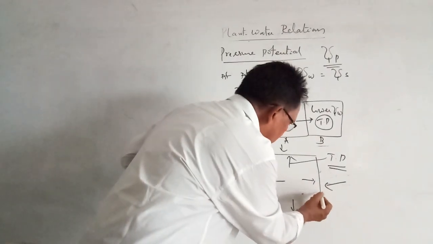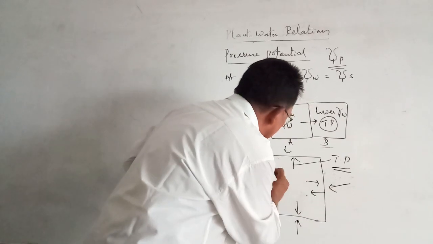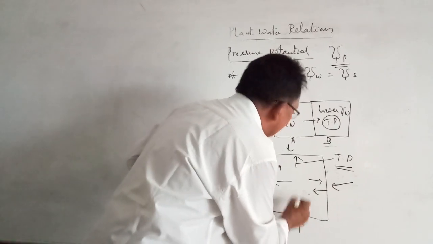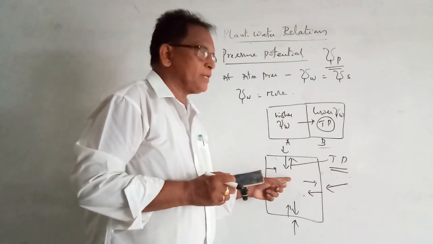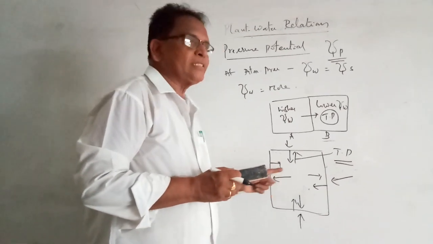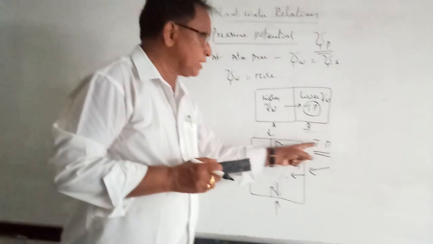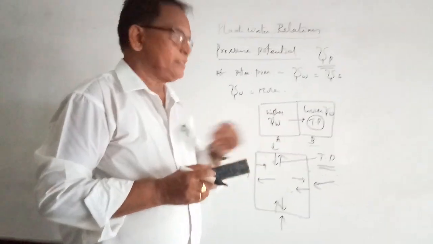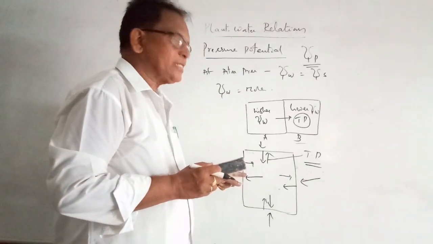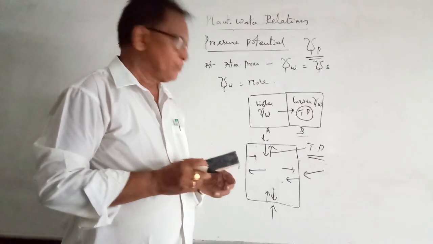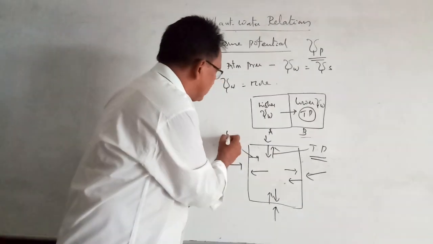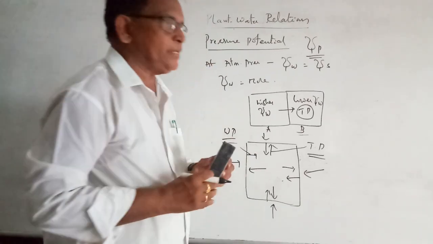ఇక్కడ వాల్ ఉంటుంది కదా, this wall also exerts equal and opposite pressure. లోపల నుండి సైటోప్లాజము సెల్ వాల్ మీద పనిచేస్తుంది. That pressure is known as Turgor pressure. At the same time, a pressure is created by the cell walls that operates from outside to inside. That pressure is known as wall pressure, WP.